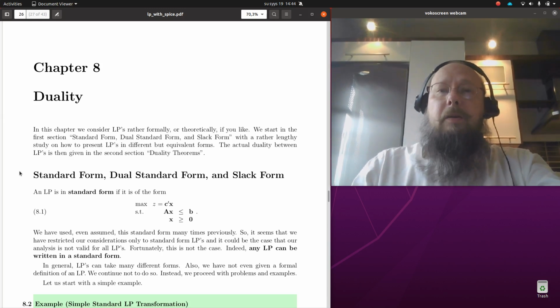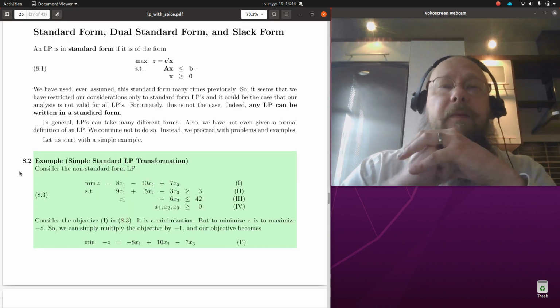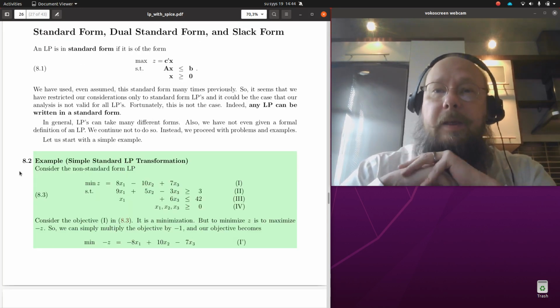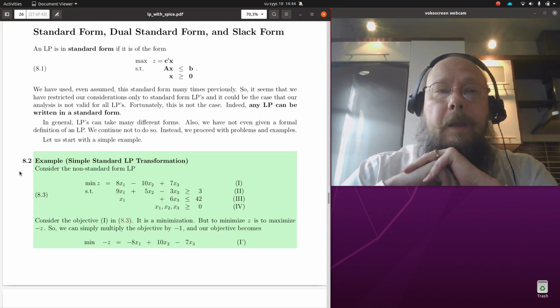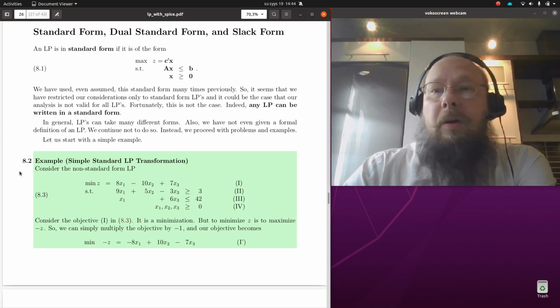Alright, so let us start the section standard form, dual standard form, and slack form. And we start with the standard form, or what I call a standard form. So word of warning, there is no standard.